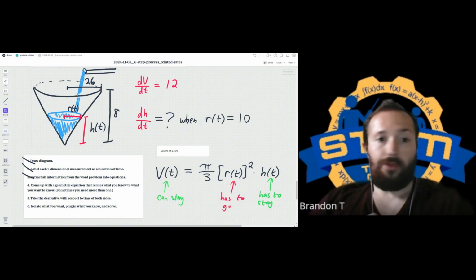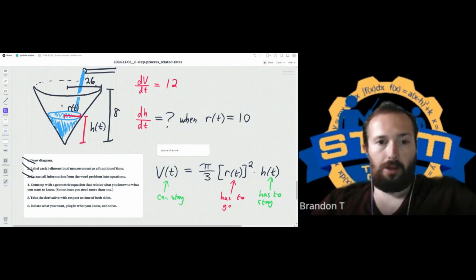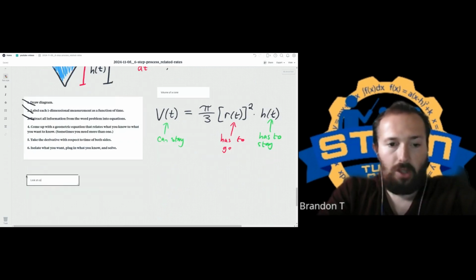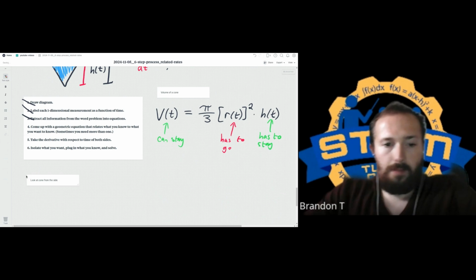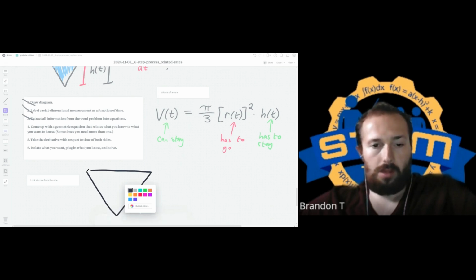But here, either way, whether you've seen a problem like this or not, the trick is to look at the cone from the side. If I do that, hopefully it makes sense that the cone is going to look like a triangle. Let me draw this. The cone is going to look like a triangle where this is 26.